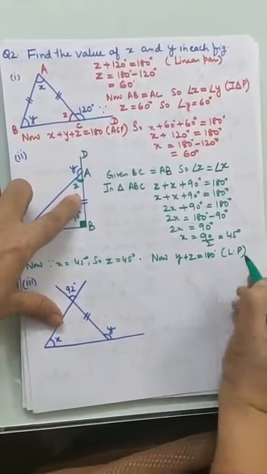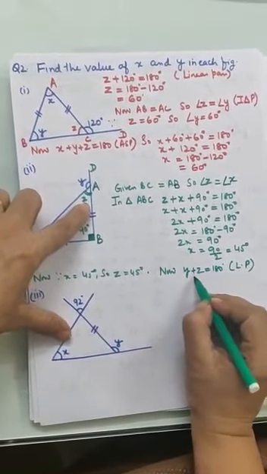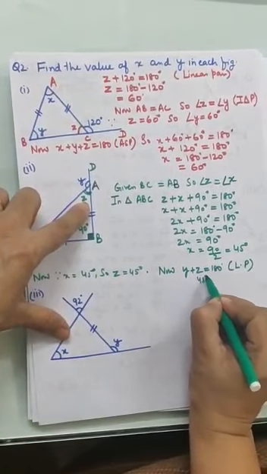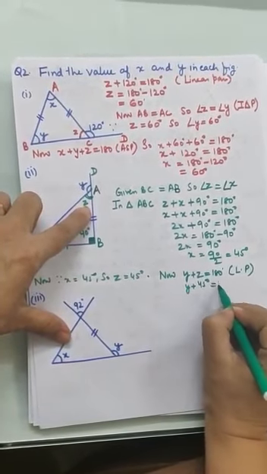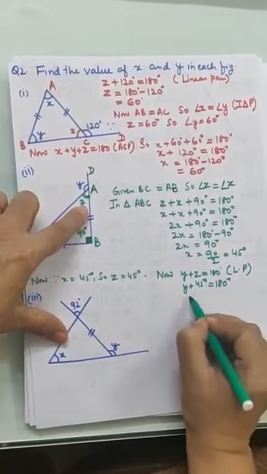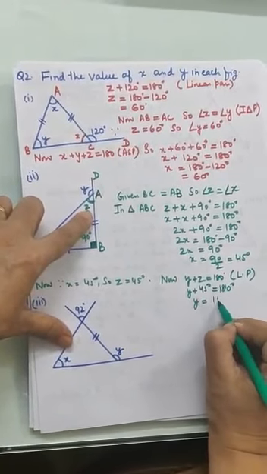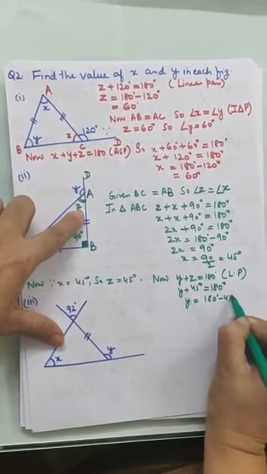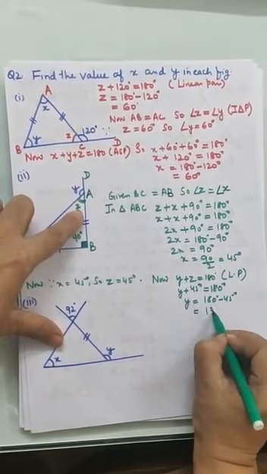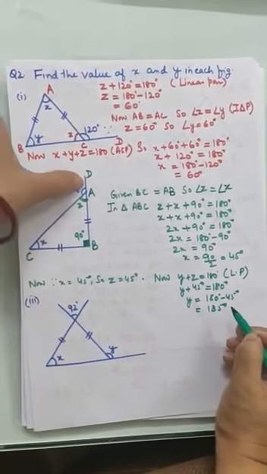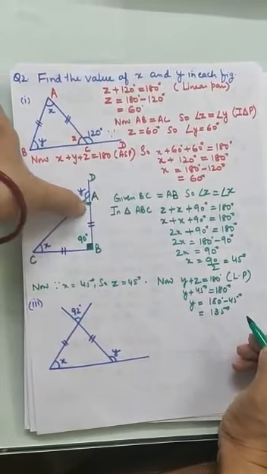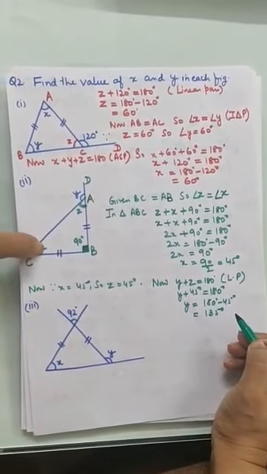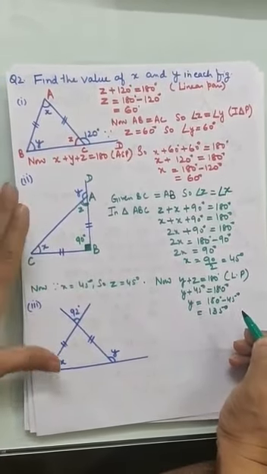That is linear pair. And what is Z? Z is 45 degree. So Y plus 45 equal to 180 degree. So Y is what? 180 degree minus 45 degree. That is equal to 135 degree. So angle Y is 135 degree and angle Z is 45 degree and X is also 45 degree. Is it clear?